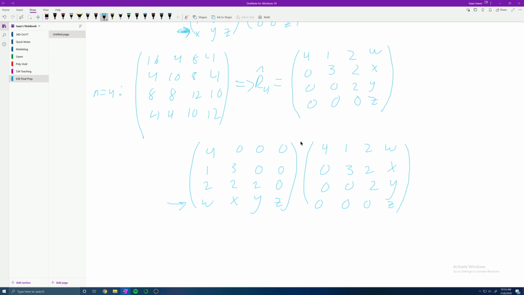Multiply this row by this column. We'll get this entry right here, this 4. So W times 4 is 4. That means W is 1.